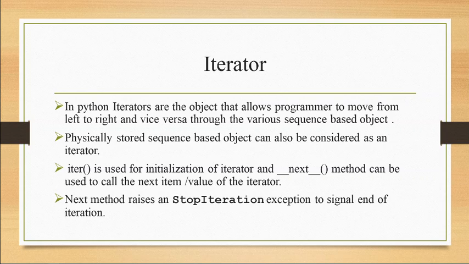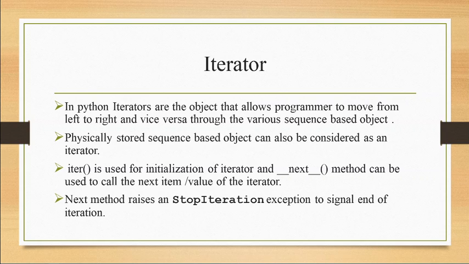Iterators. What are iterators? According to Wikipedia, an iterator is an object which allows a programmer to move through a container, especially a list. In Python, iterators are objects that allow the programmer to move from left to right and vice versa through various sequence-based objects.